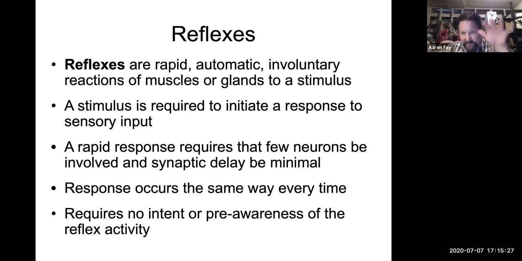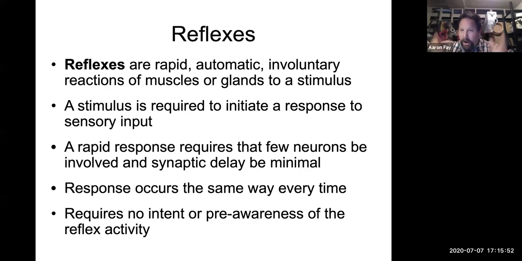However, there's a cost-benefit thing here. The more neurons you have, the more synapses you have, the slower the reflex, but the more complicated and more sophisticated the response can be. The fewer neurons you have, the less precise control, the less sophistication you get in the response, but the faster it goes.